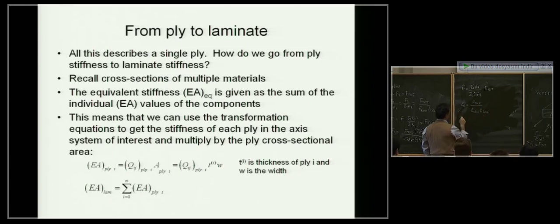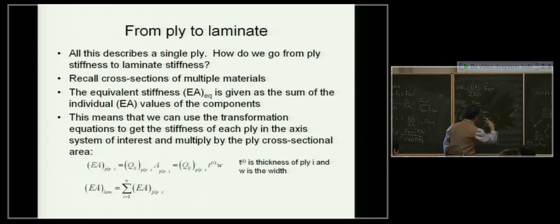So if I solve for E laminate A laminate, I get F total divided by epsilon applied, but epsilon applied is also the strain of any of the different plies, which is equal to Fi over Ei Ai.